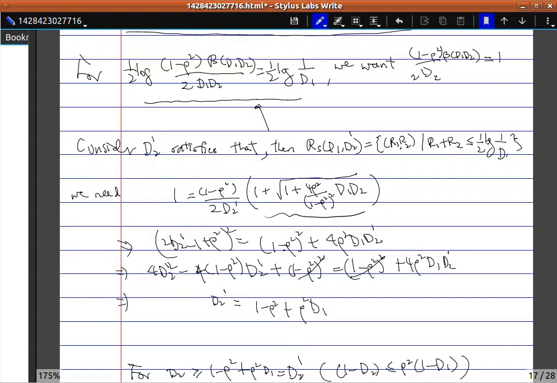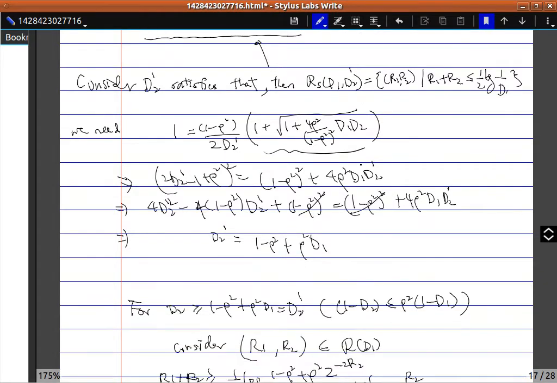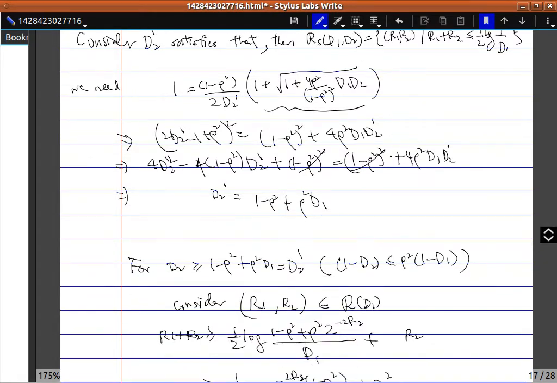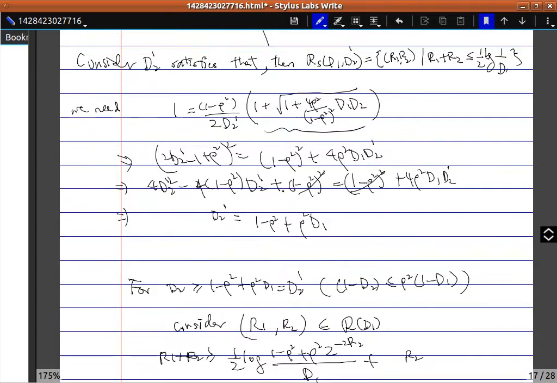It's a little bit ugly, but again, do some algebra. I just multiply by 2d2 here, then move the terms to this side, and then we can square both sides, and then I just cancel some terms. We get d2 is equal to this guy here.